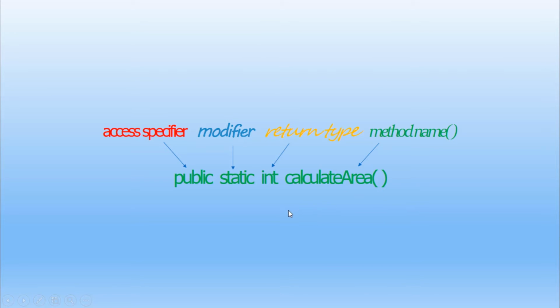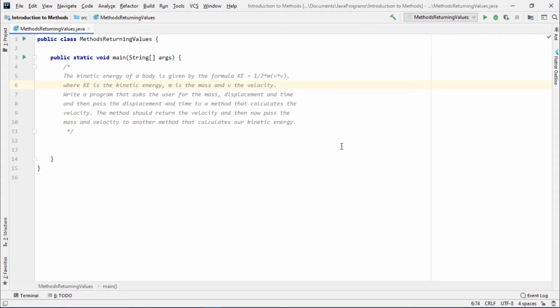The method returns an int, so it is type int. As another example, a method that returns true or false depending on whether an employee worked overtime hours might be declared as public static boolean didWorkOvertime. This method returns a boolean value, so it is of type boolean.